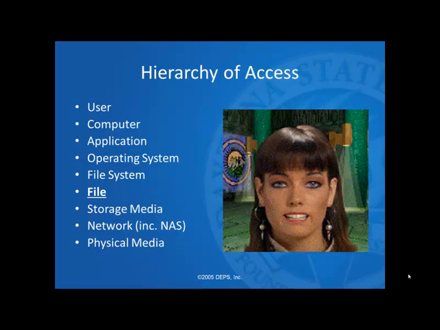The file itself. Now, there's two aspects to that. At one level, a file is what it is. It's a bunch of ones and zeros that are either interpreted as ASCII or as executable or as data through some form of interpretation.